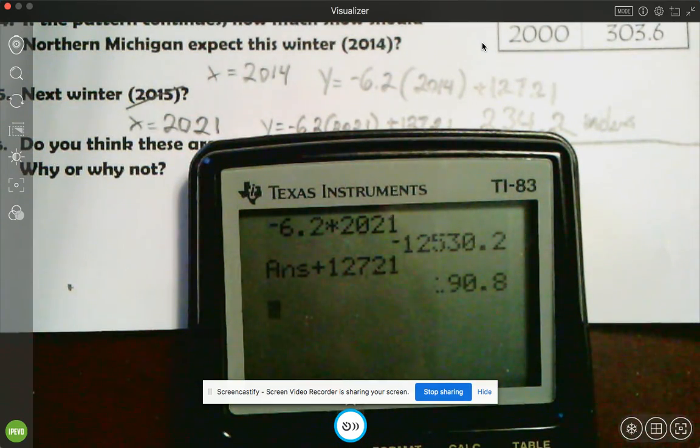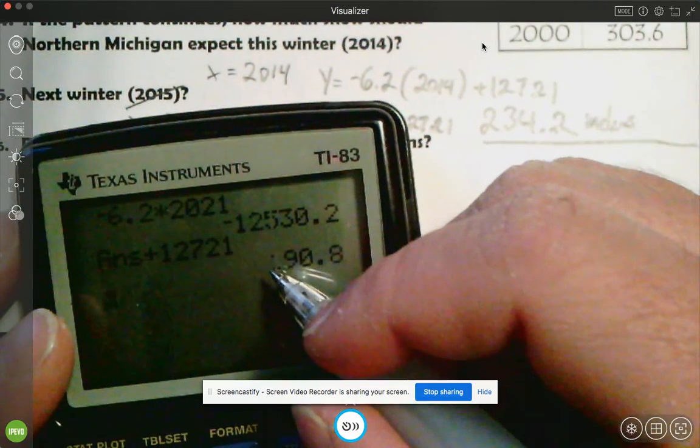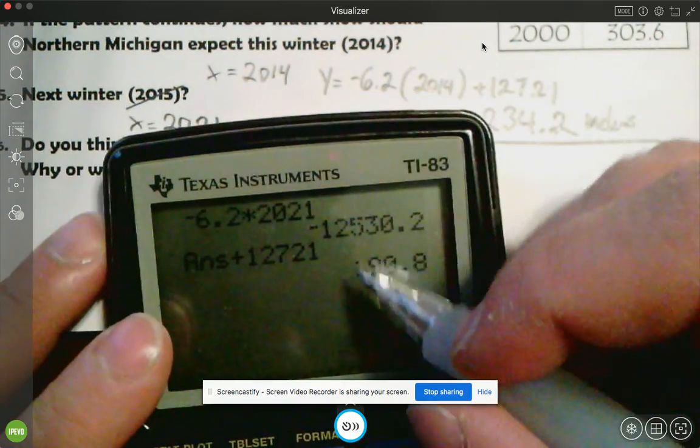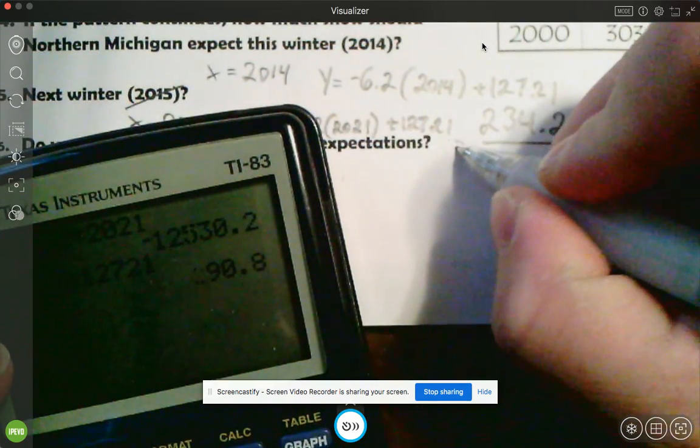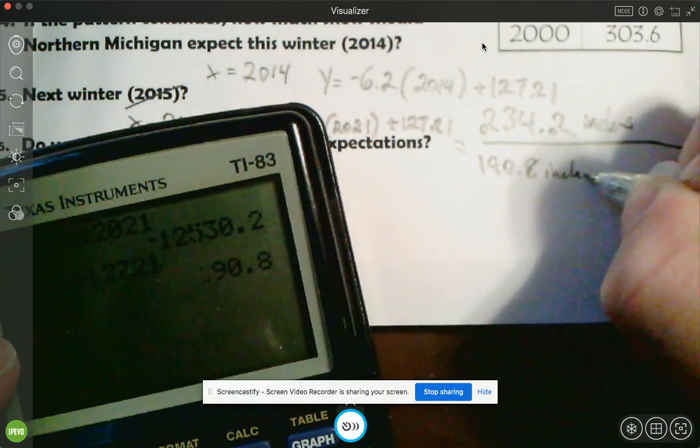That's about 100 different, so I think that's a 1. So that would equal 190.8 inches. Okay.